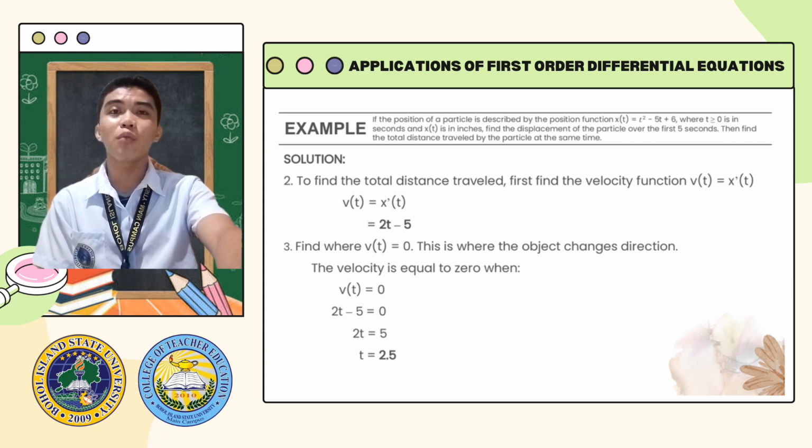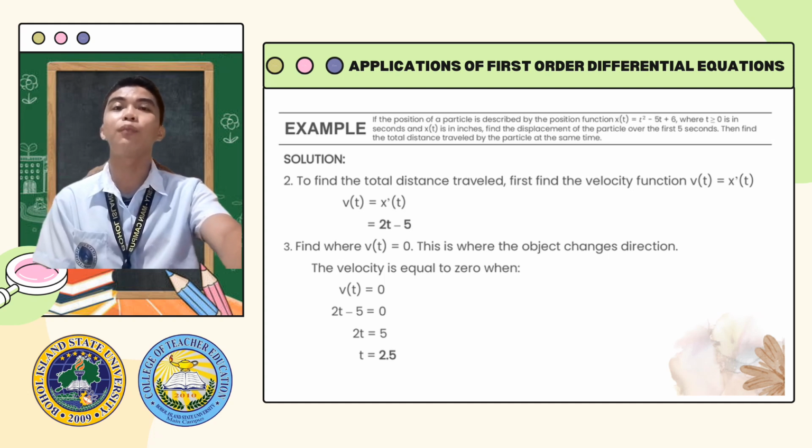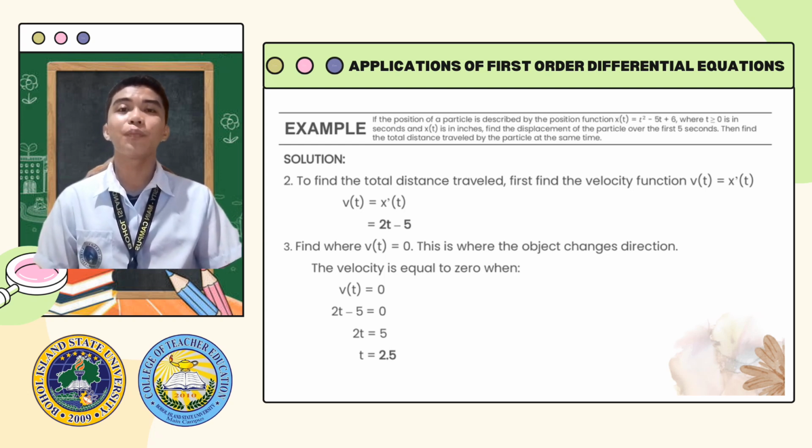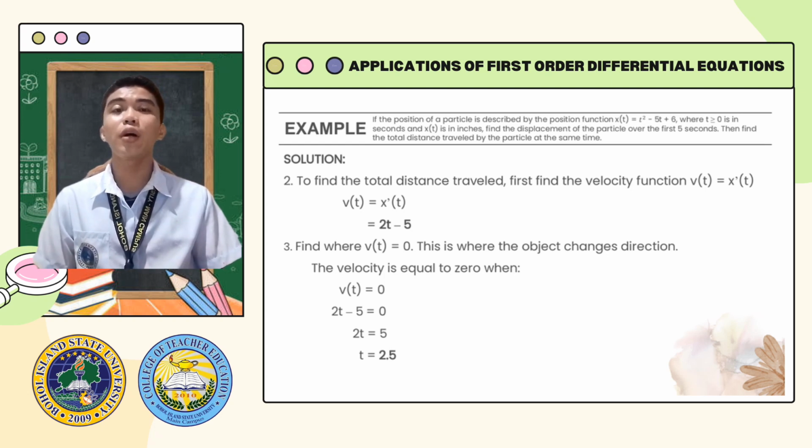That is why we get our velocity function, v(t) equals 2t minus 5. Now, the third step is we are going to find where v(t) equals 0. This is where the object changes direction. The velocity is 0 when v(t) equals 0.